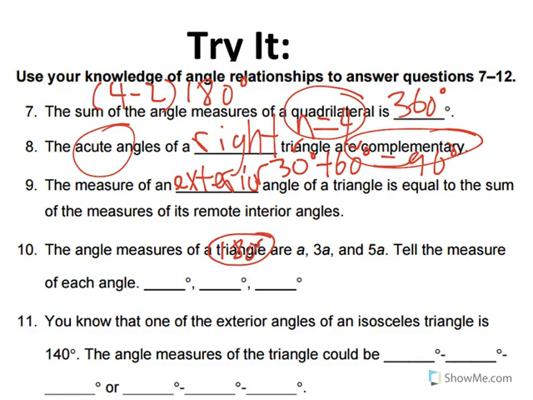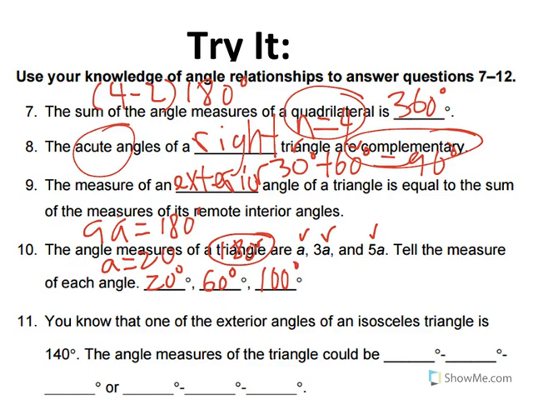So we have A plus 3A plus 5A, so that gives us 9A is equal to 180 to solve for, so that A is equal to 20 degrees. So the one angle is 20 degrees, and the other one is 3A. That means that 3 times 20 is 60 degrees, and 5A, so 5 times 20, so 100 degrees.